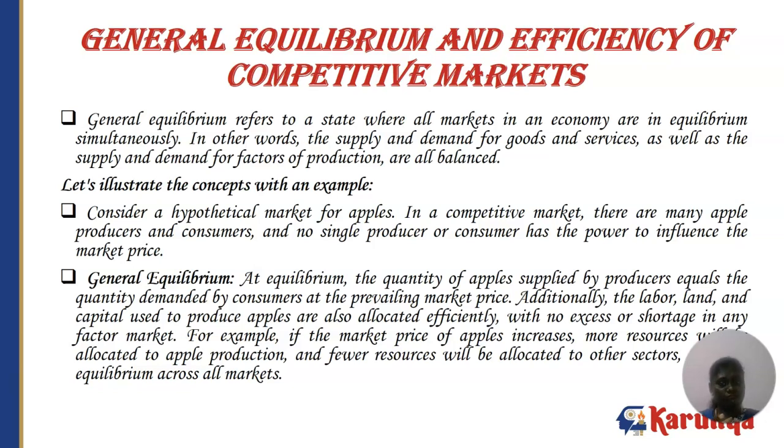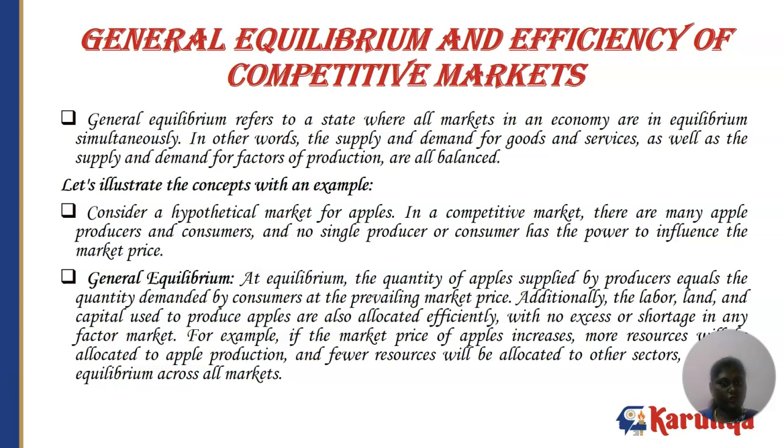Can you get it? When land, labor, and capital are efficiently allocated, and there is no shortage or excess in any of these factor markets, then automatically the quantity of apples supplied by the producer is equal to the quantity demanded by the consumers at the market price.